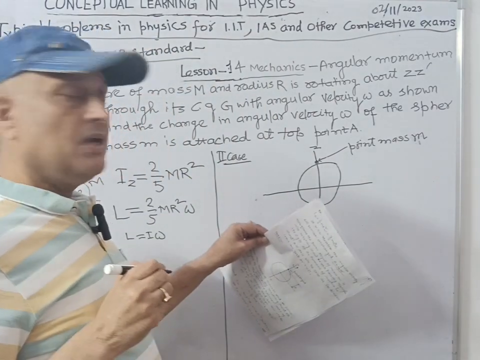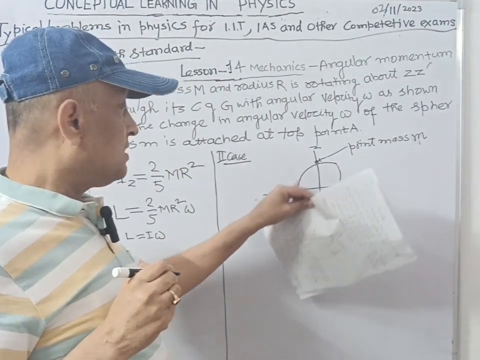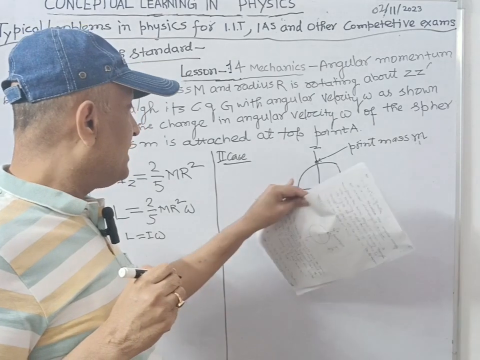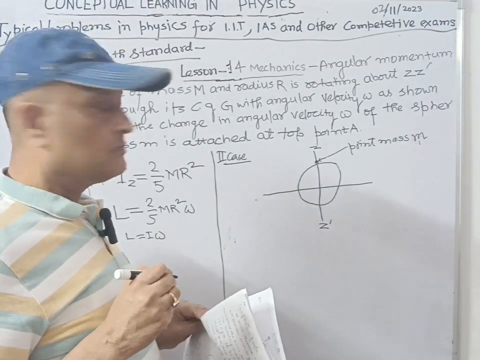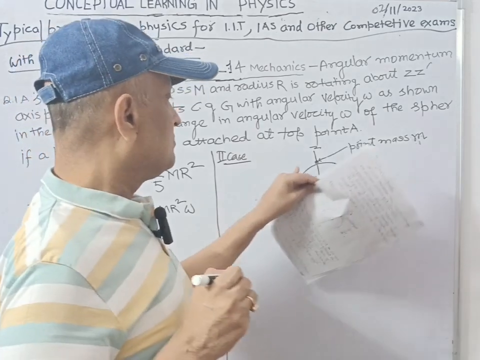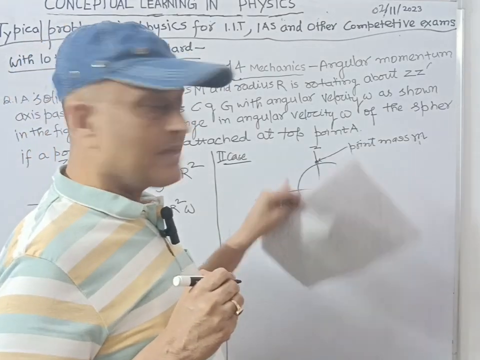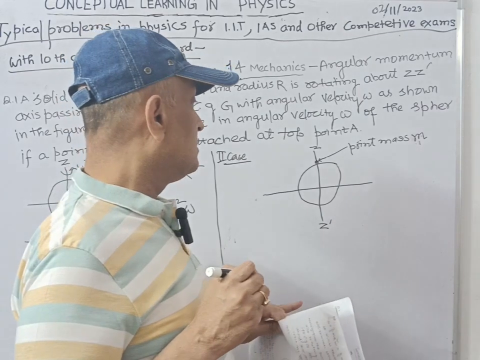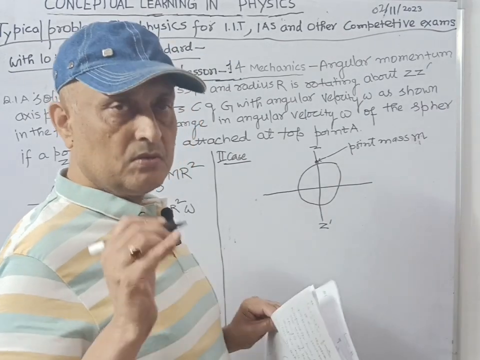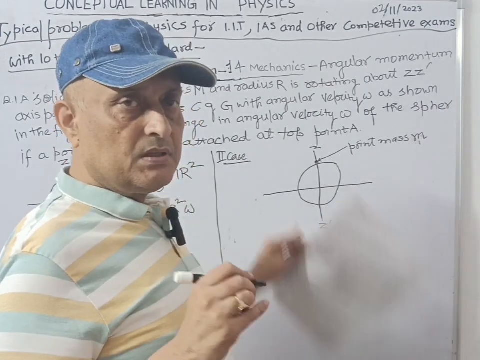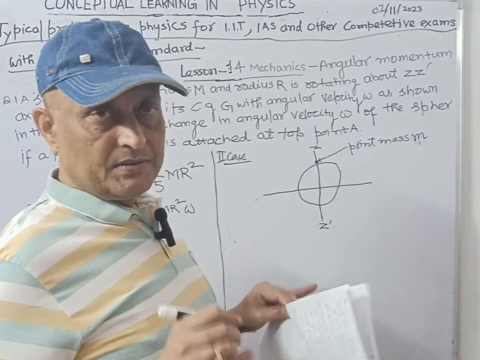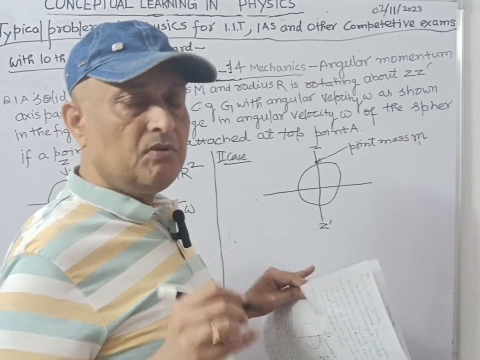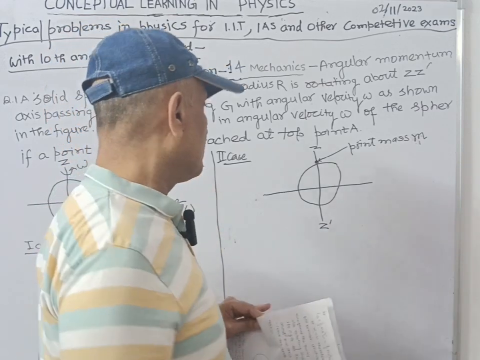In this case, we are required to find out the moment of inertia of this system about the z' axis. Since the mass m has negligible dimensions, the moment of inertia of this point mass m about its own axis passing through its CG will be equal to 0.